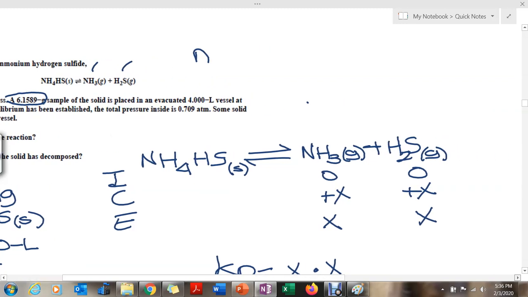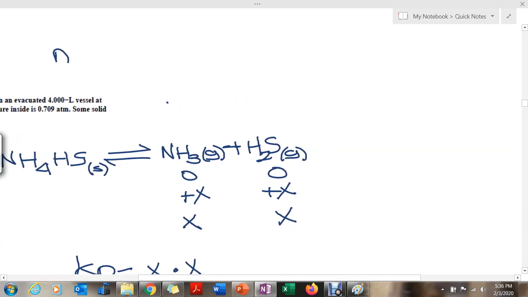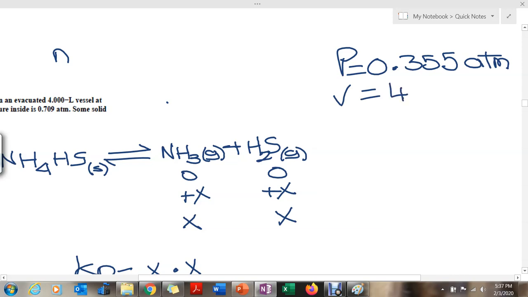So that tells you that we're gonna first find out the moles that decomposed that are coming from here, which is X. And if you remember the partial pressure, which has the X here, was what we got by dividing by 2, 0.355 atmosphere. The volume was 4.000 liters.